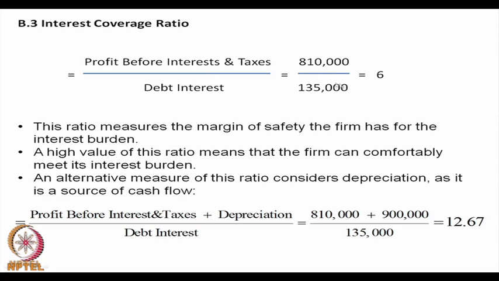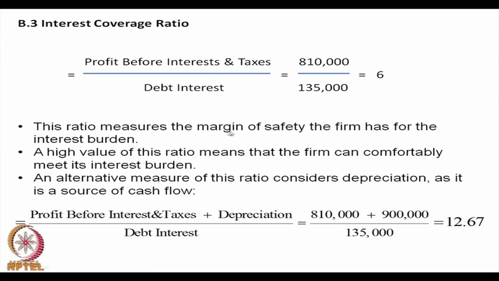Is it more than 135,000? Because out of this the interest will be paid. In this case the value is quite high, which is 6. This means that it is in a very comfortable position to make its payment.